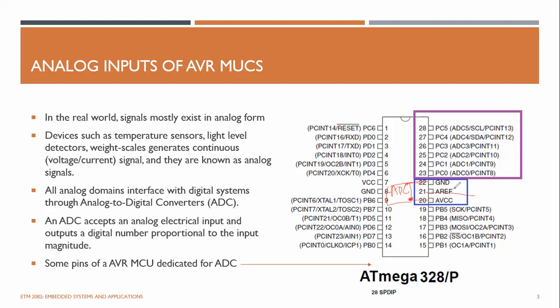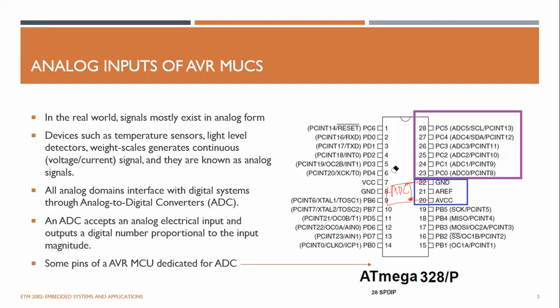Then you need to have some kind of reference voltage. You could use an external reference voltage, or a bandgap reference, or a reference IC, or a diode or whatever, a fixed voltage. You can provide it to this AREF pin. If you don't have one, you can use the internal voltage reference.